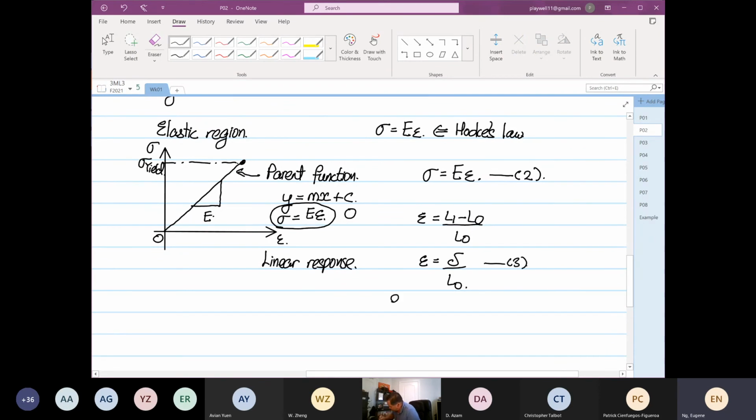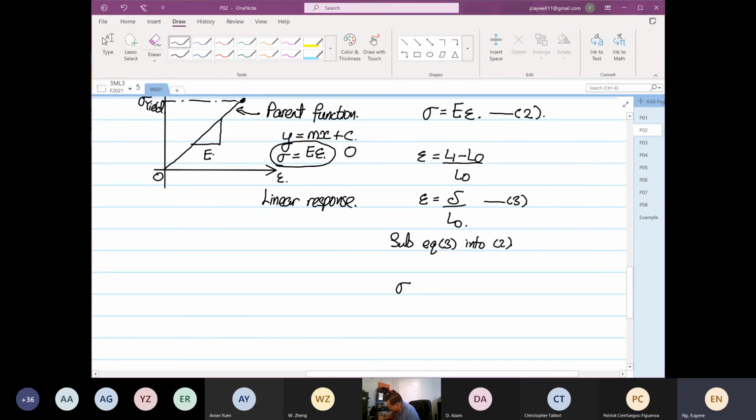So we're going to substitute equation 3 into equation 2 now, right? So we have stress is equal to E deflection over L naught.